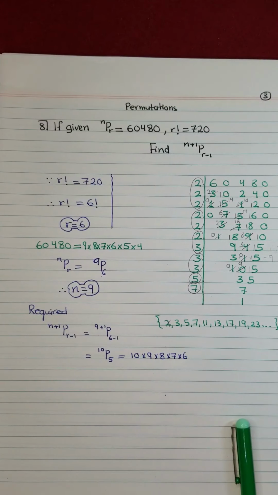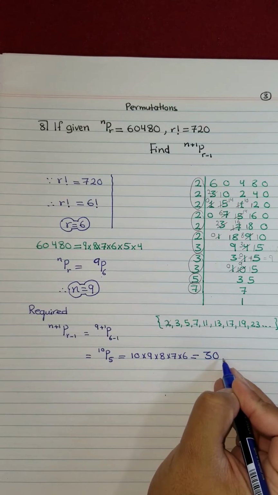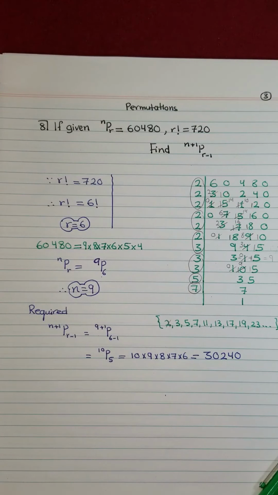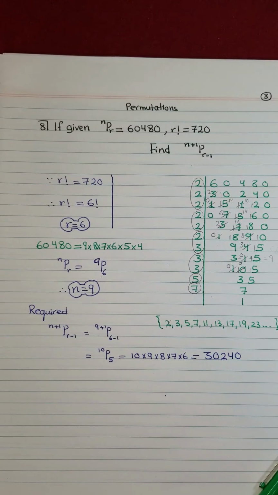It is highly unlikely that you have numbers like these in the exam, since the product of these numbers is something large. But at home we can do this. We can just multiply them, and the product of these numbers is going to be 30,240. So this is going to be the value of 10 permutation 5, where we select and arrange only 5 of them.